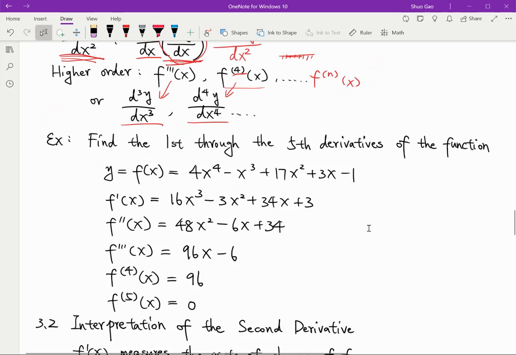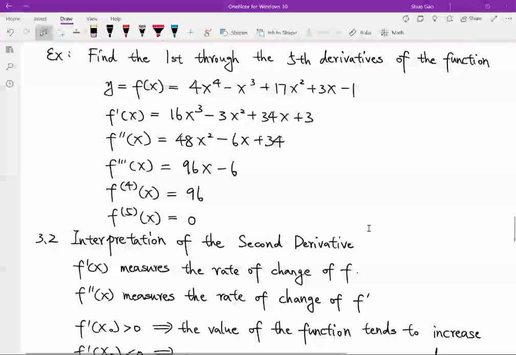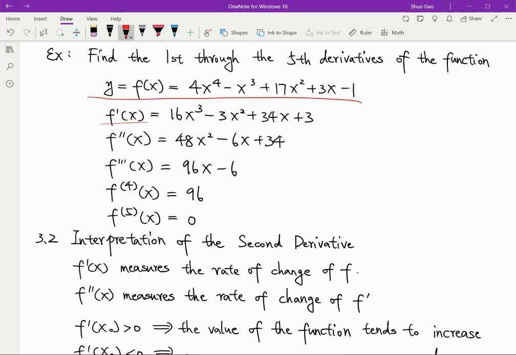So let's see an example. Find the first through the fifth derivatives of the function. So here's the function. So the first derivative, f prime x, as we know there's the formula you can use.